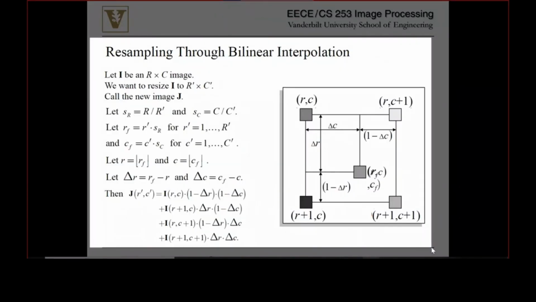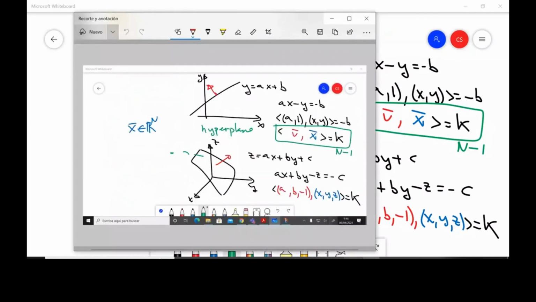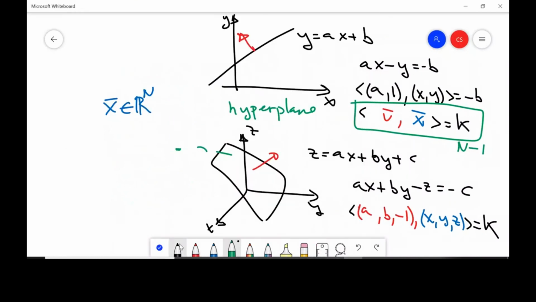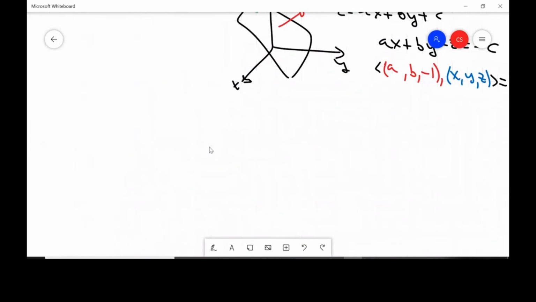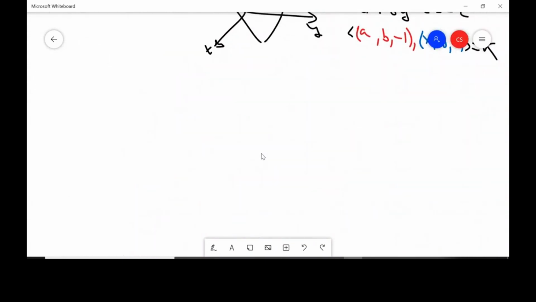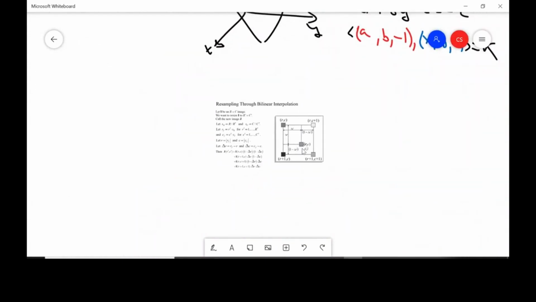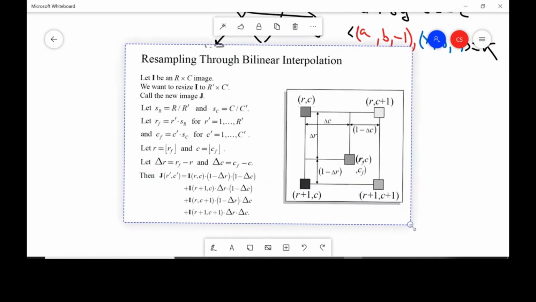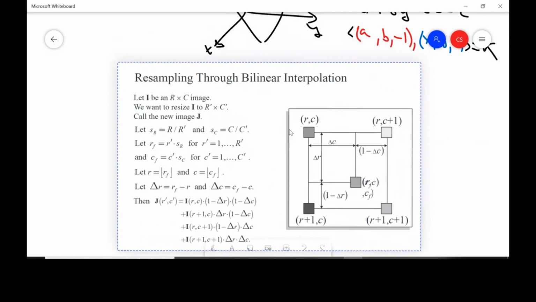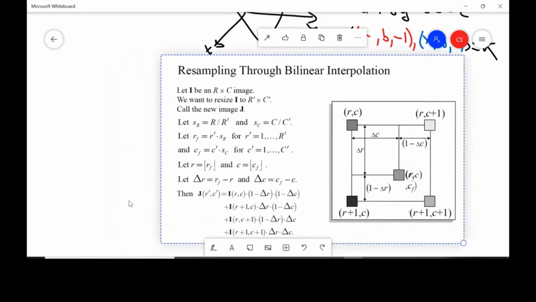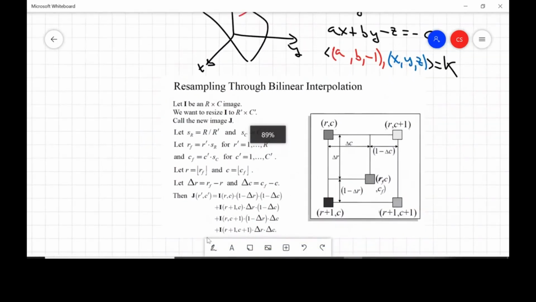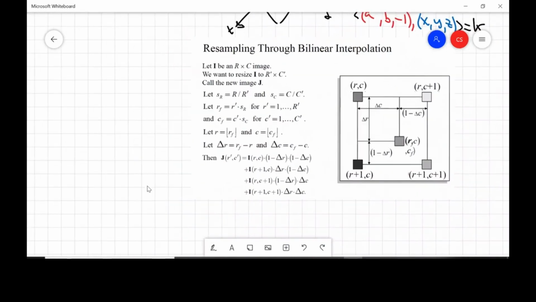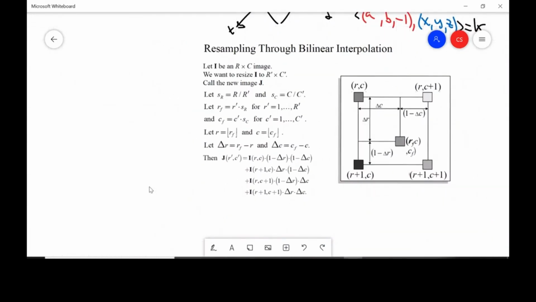We take this one, we copy. Okay, here we are. So we have the scaling factors. The scaling factors are the same.